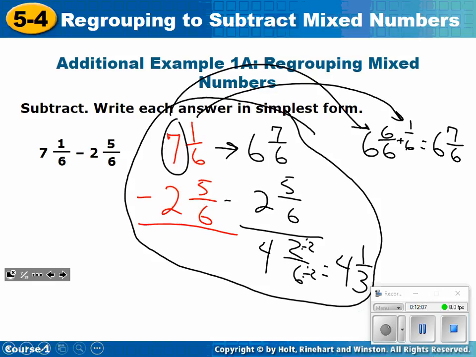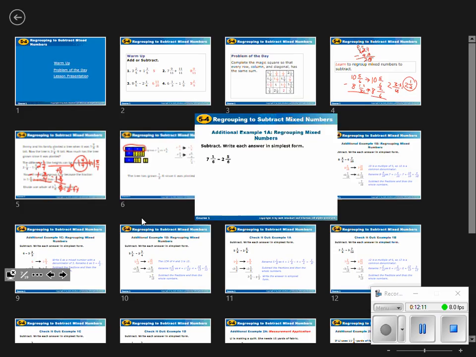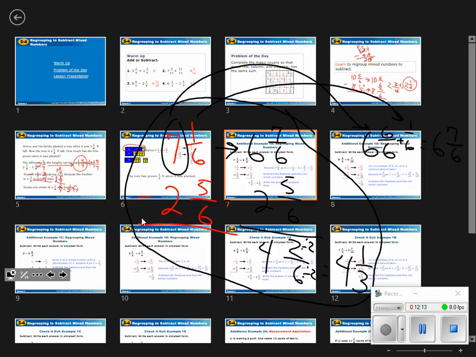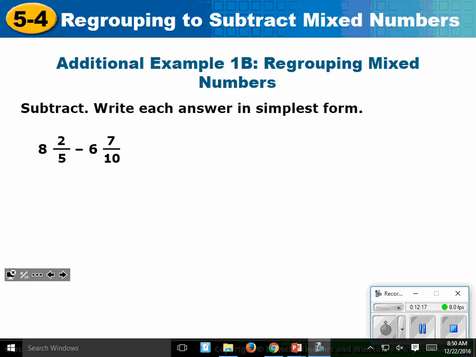Why don't you try one on your own and see what we come up with. Okay, just another quick one here. We got 8 and 2/5. We have to get a common denominator.